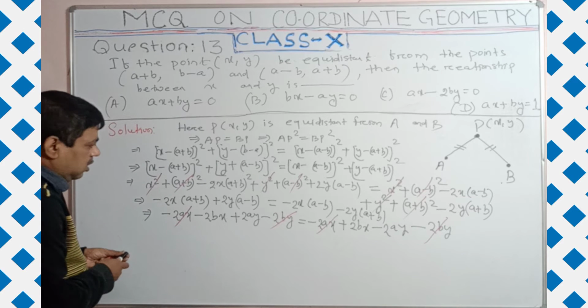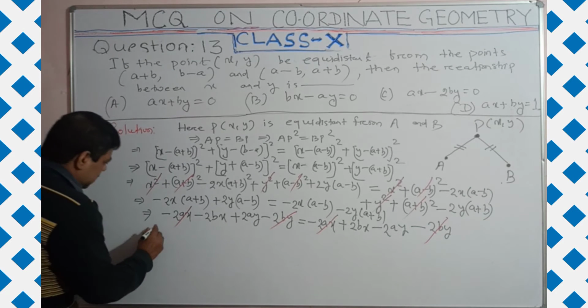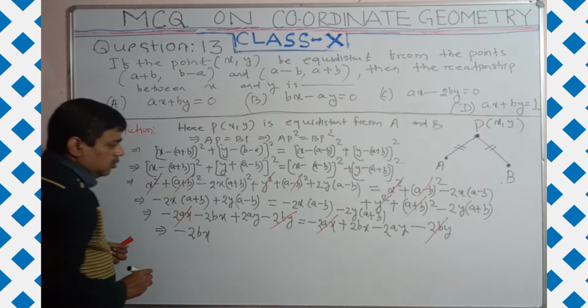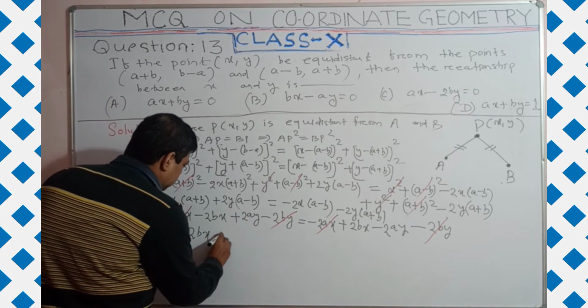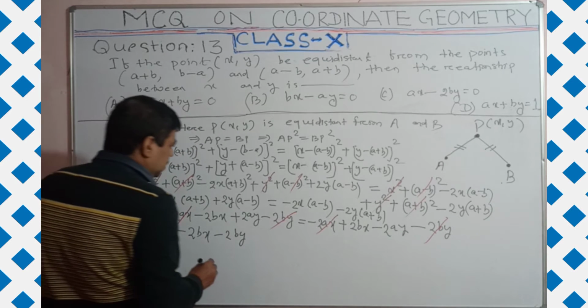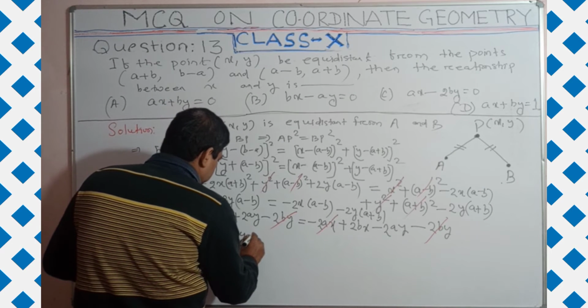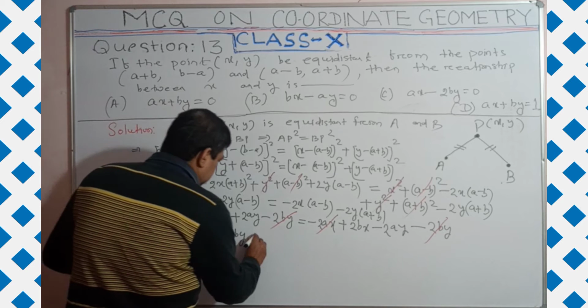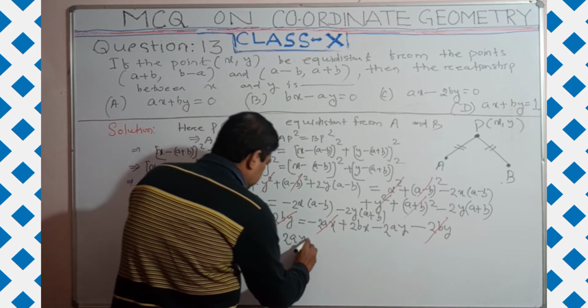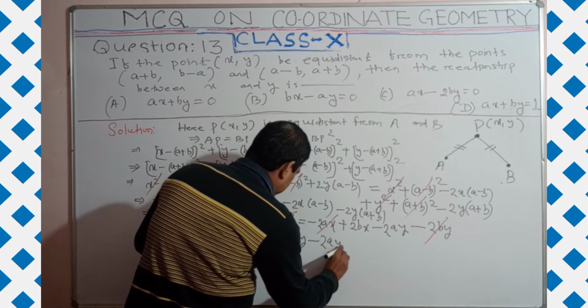So what will happen? Let us transpose. It is minus 2bx, then minus 2bx, is equal to minus 2ay, and here plus 2ay is minus 2ay. Understood or not?